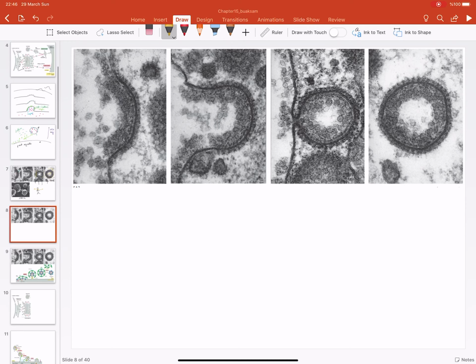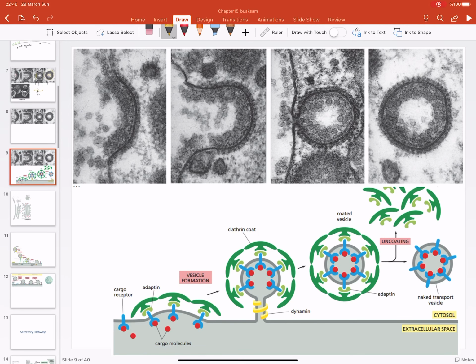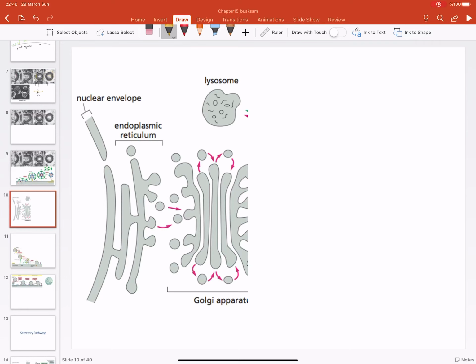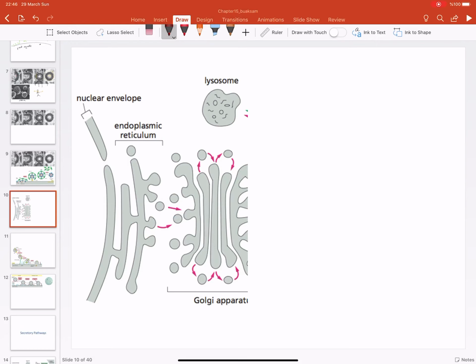Now the next thing is, oh yeah, I have a nice picture here too. The next thing is, how is this vesicle going to know where it's going? Because they are moving on the tracks called microtubules. We know that the microtubules are all around in the cell.